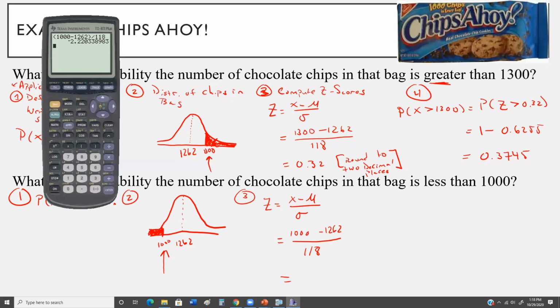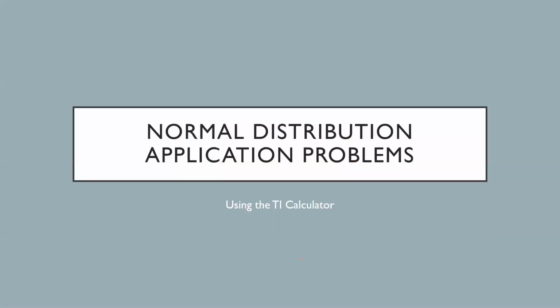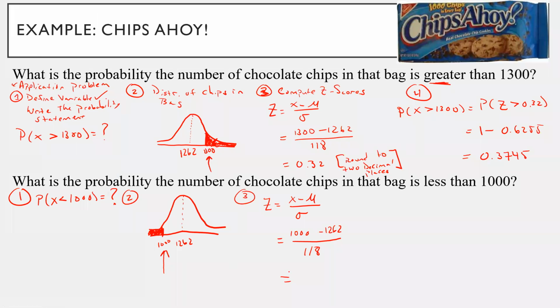Do y'all get this if you did this in your calculators? Okay, so it's minus 2.22. So the final step: my probability that the number of chips is less than 1,000 is the same thing as the probability that a z-score is less than minus 2.22.